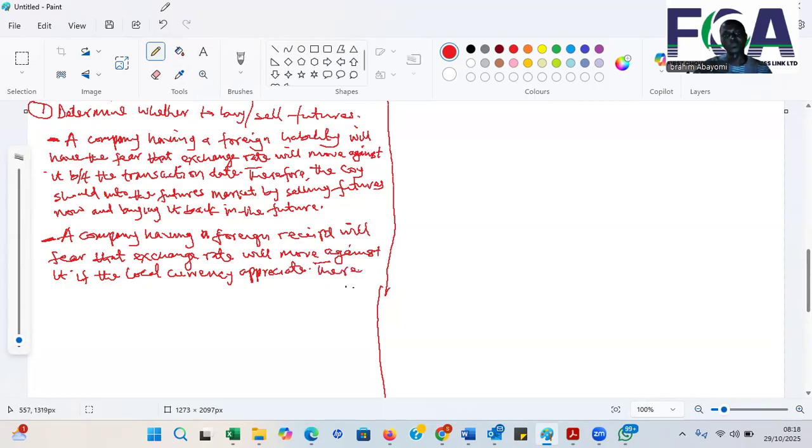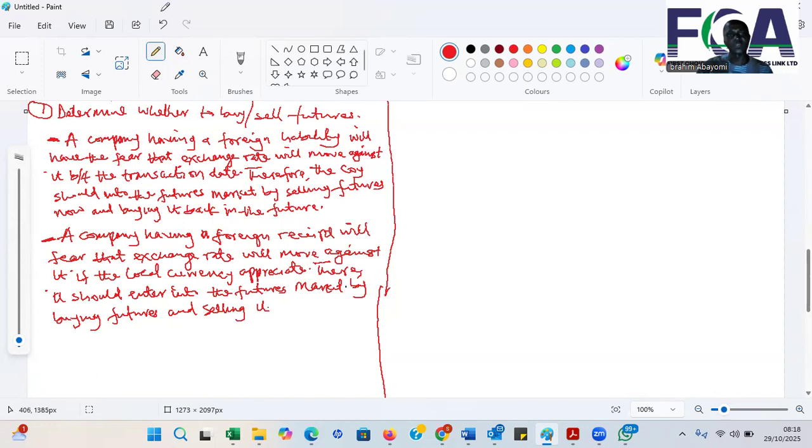Therefore, it should enter into the futures market by buying futures and selling it in the future.